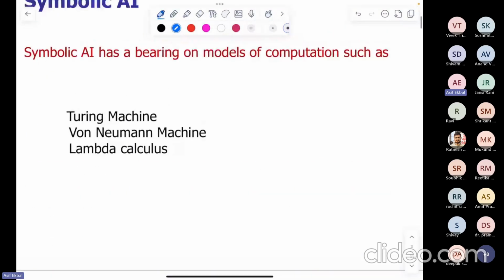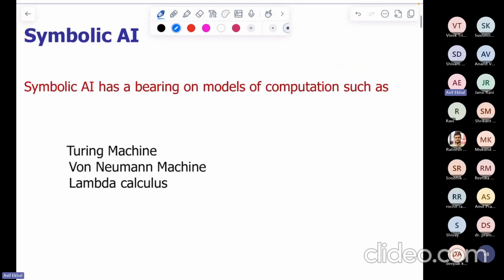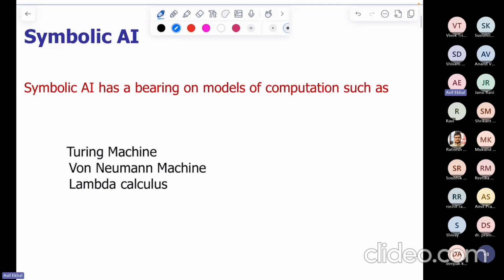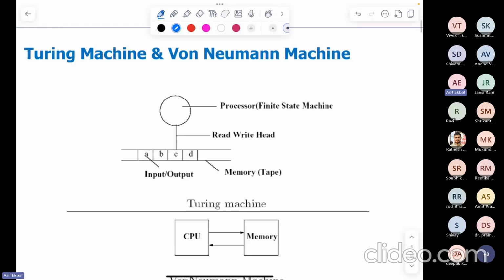Now, in symbolic AI, the very classical way of doing AI, different representations are possible. You can find an analogy with the Turing machine, the von Neumann machine, the lambda calculus, etc. In a Turing machine, everything is represented as a string. Here you can see an input output tape, so you can present your input over here.